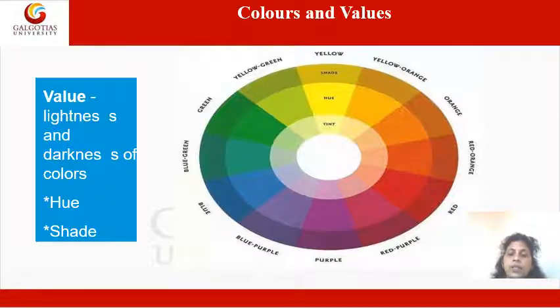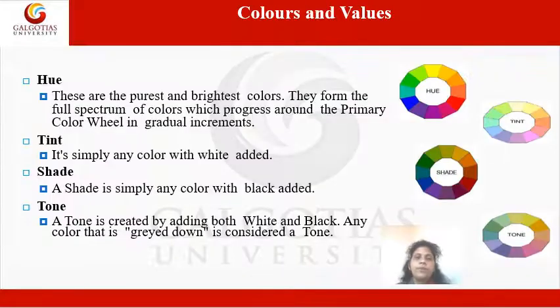So the color has been divided in three sections. One is value, another one is hue, and another one is shade. We were talking about the color and the value. As I told you, value is the darkness and the brightness of the color.